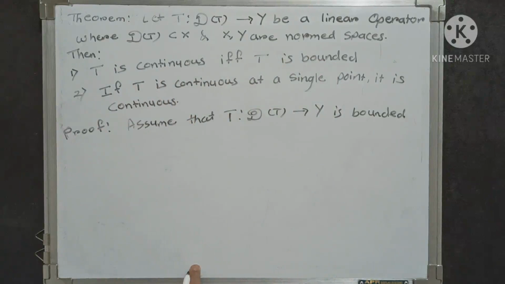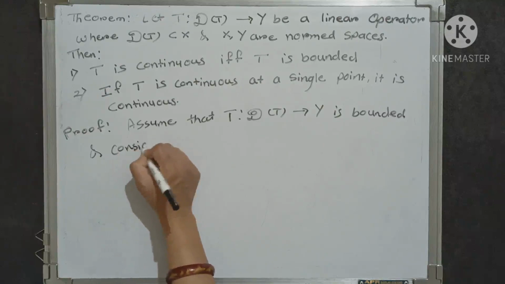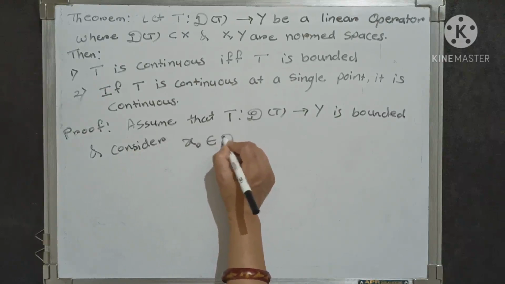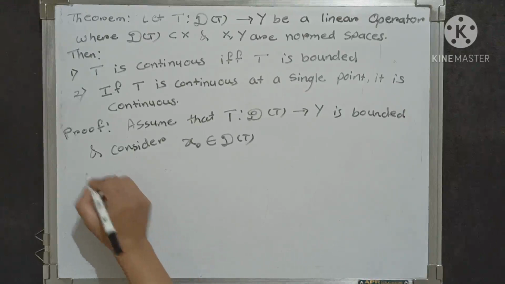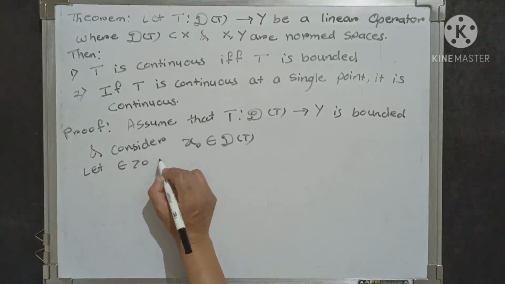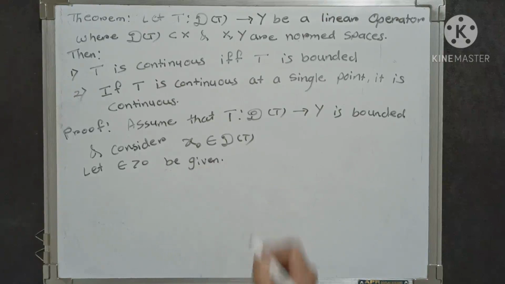So we start with any arbitrary point of D(T), and consider x naught belongs to D(T), be any arbitrary point of D(T). Let epsilon greater than 0 be given. We start with any arbitrary epsilon greater than 0.